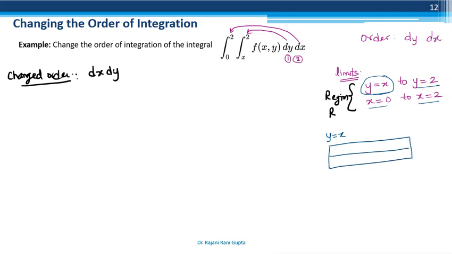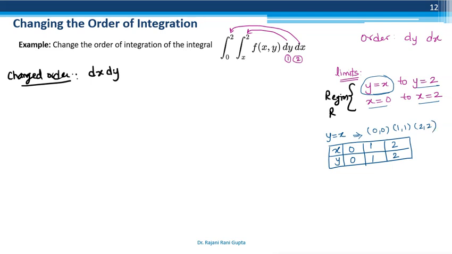Substitute different values of x to get the different values of y. If you substitute x equal to 0, you will get y as 0. If you substitute x equal to 1, you will get y as 1. Similarly, if you use x equal to 2, you will get y also equal to 2. So y equal to x is just a straight line joining the points (0,0), (1,1) and (2,2).